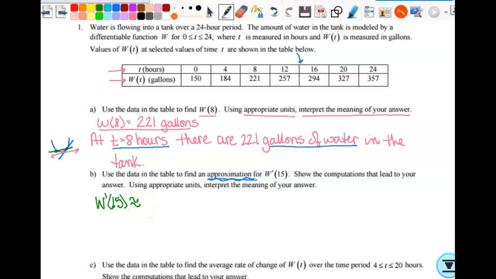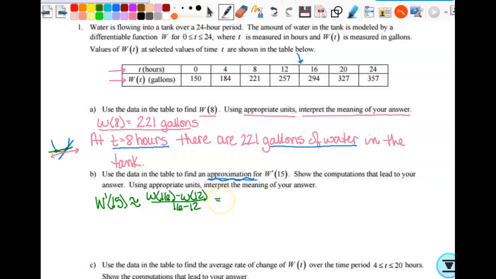It's a squiggly. That would be W of 16 minus W of 12 over 16 minus 12. f of x minus f of x, y minus y over x minus x. That's all that is.